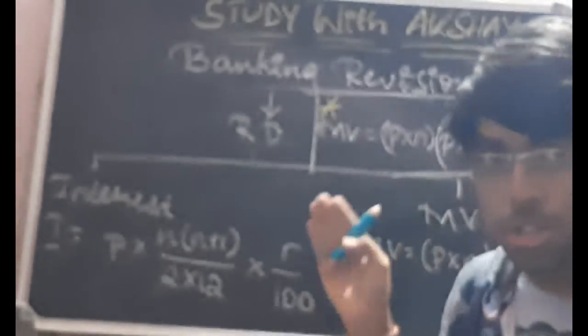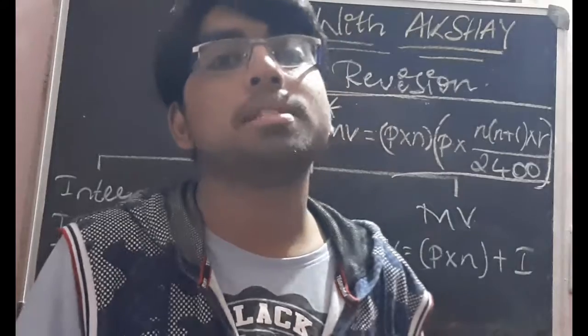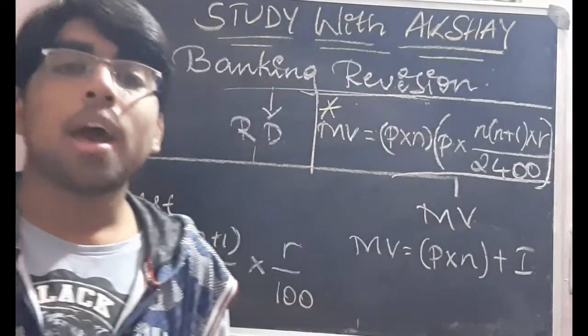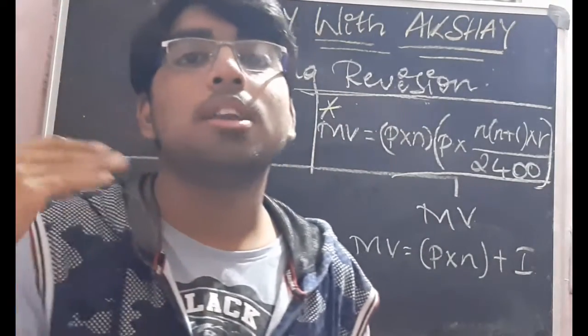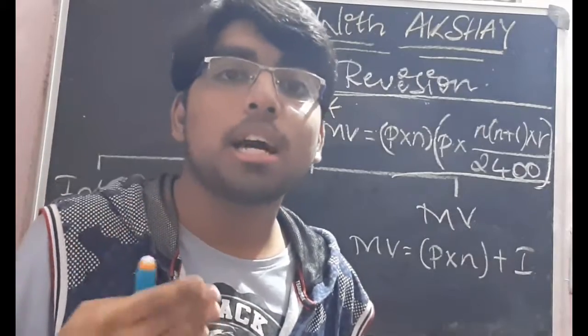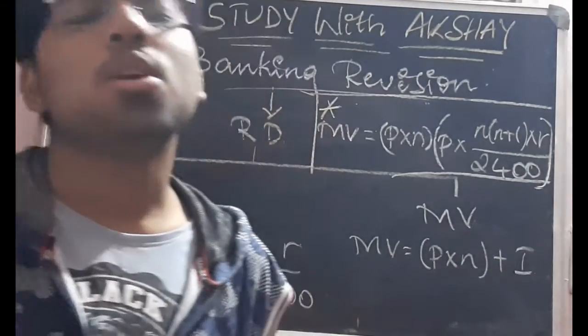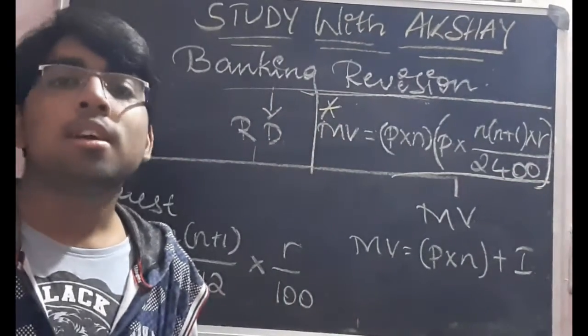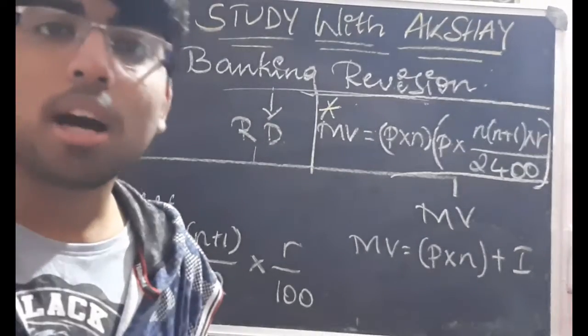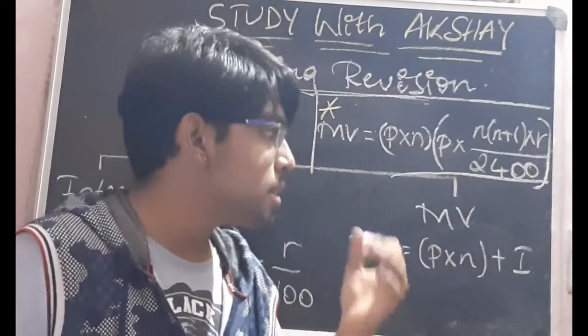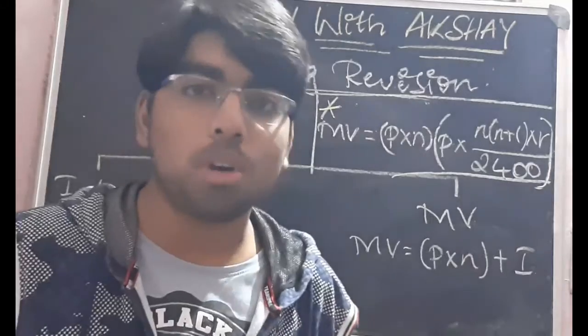So basically they require proper substitution, you get 1 mark, proper simplification you get 1 mark, and for your overall idea regarding recurring deposit you get 1 mark. Total, it is a 3-marked question regarding this chapter, or in some cases they might give 4-marked questions.